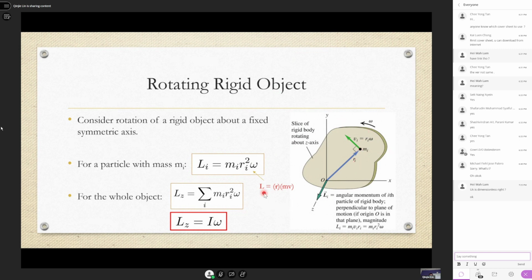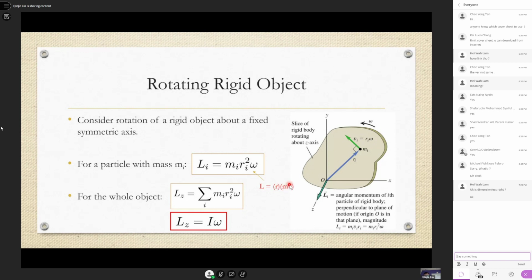It will be R times your linear momentum. R is this one, from the origin to the point. The linear momentum of this particular point is mv. All right, angular momentum equals R times linear momentum, from the previous few slides. L equals R times P, right? That's why you get R times mv.